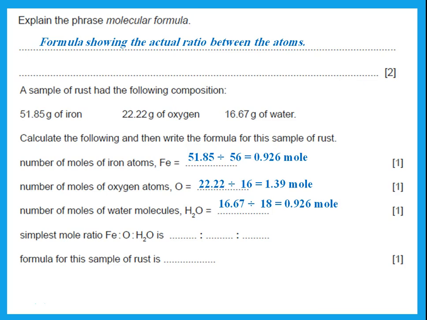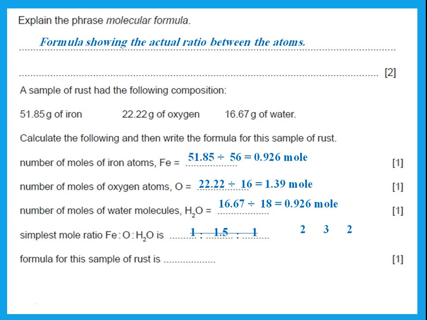Now we said if I want the simplest ratio, what should I do? I should divide by the smallest. If I divide by the smallest, I get 1 to 1.5 to 1. Remember that we said I cannot have fractions in my empirical formula or in my molecular formula. So if one of them is 1.5, I need to multiply through by something.